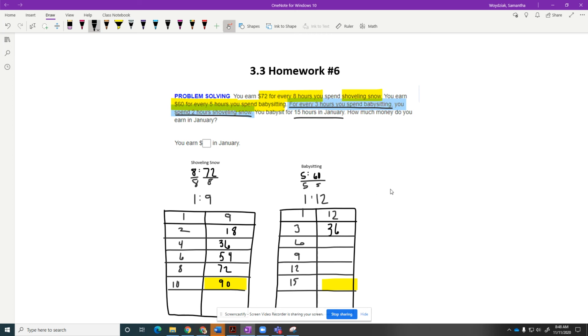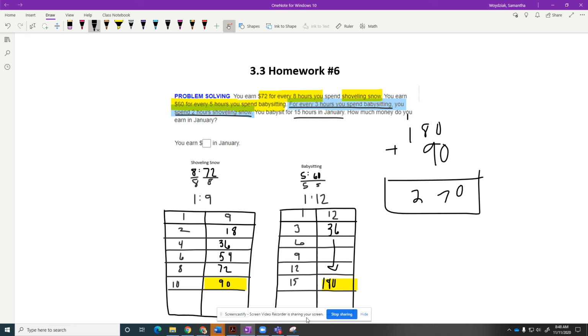So we're going to do 15 times 12, and we're going to get 180. So yes, you can go ahead and fill in all of these. You're eventually going to get to 180. So whatever you feel comfortable with doing. You're going to earn $90 shoveling snow, $180 babysitting. And when I add those together, I'm going to get $270.